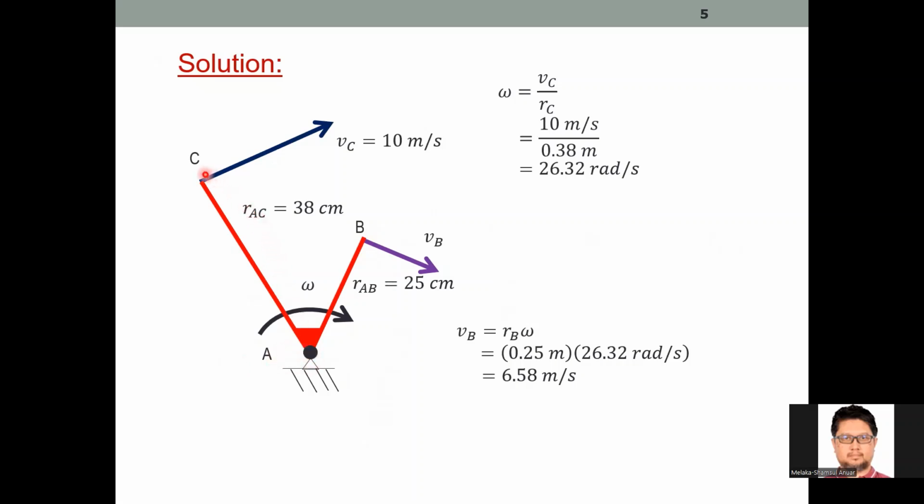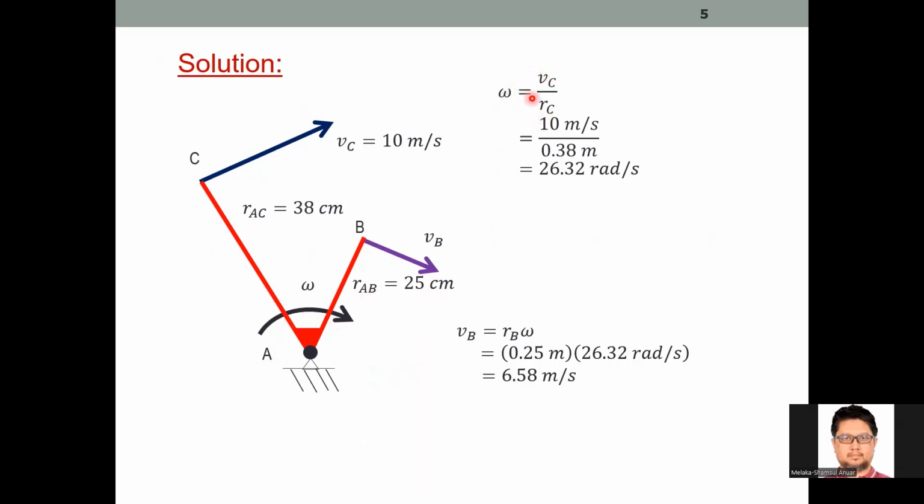VC is already given, 10 meters per second. This is longer, with RAC equals 38 cm, whereas RAB is 25 centimeters, and the linear direction will be different, but the angular speed is the same, which is omega.